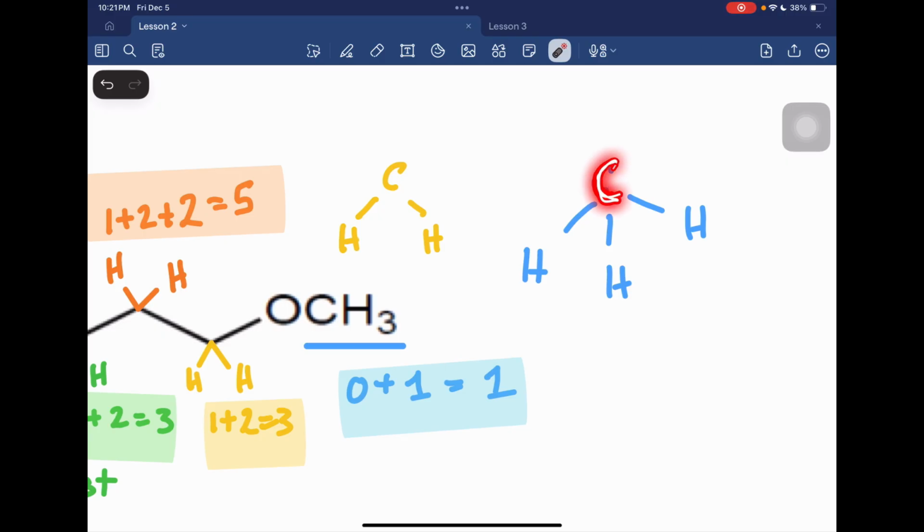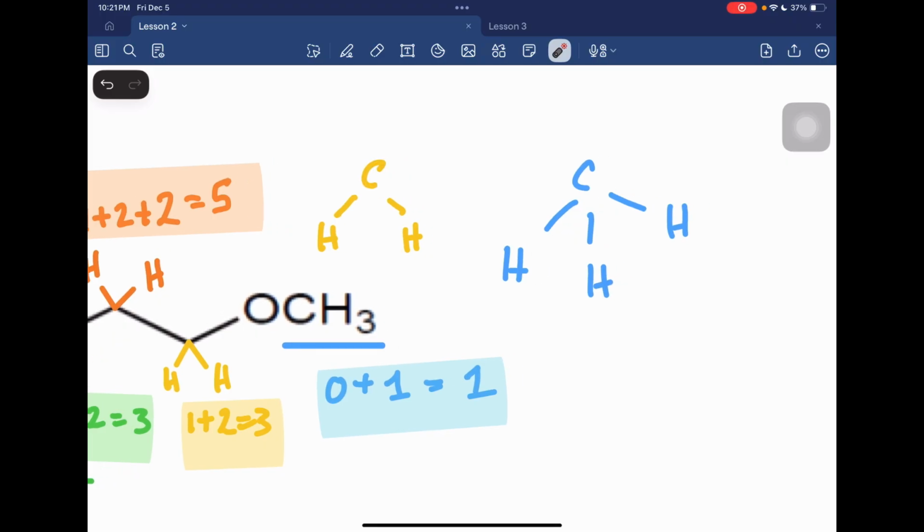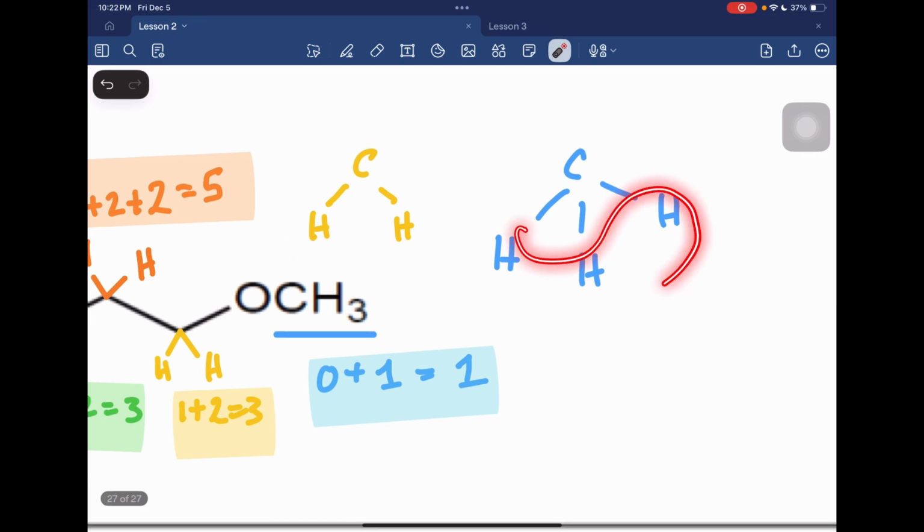I don't know what other example to give. Maybe that example is not good. But borderline, carbon is pulling, right? It's pulling electron density towards itself. If it has 2 hydrogens, it can pull that density better because it's only dealing with 2. But if it has 3 hydrogens, then it's dealing with 3, and that is going to hinder it by a lot, right?